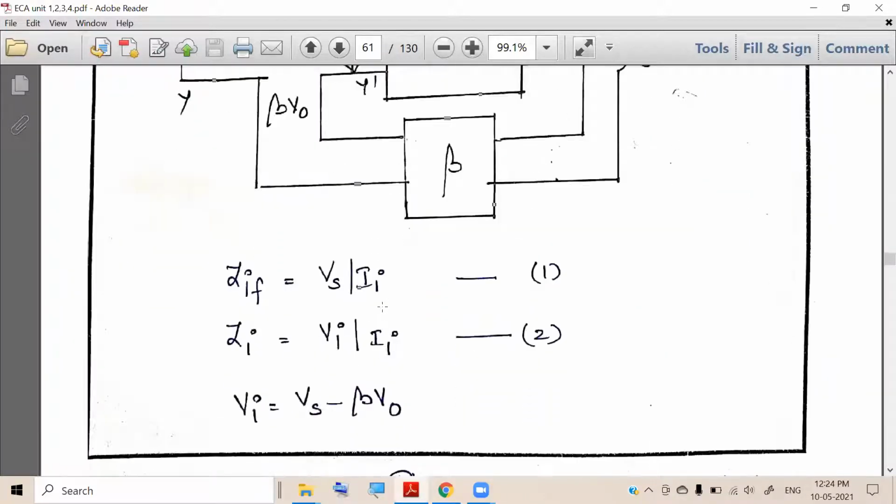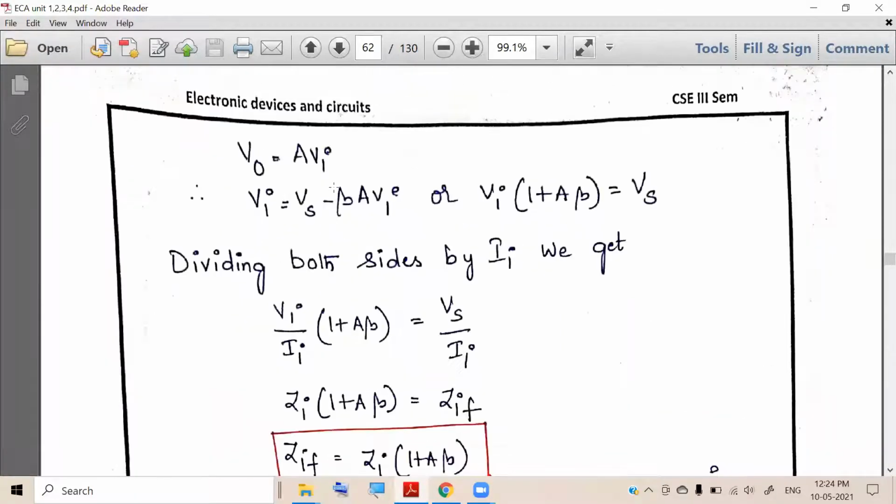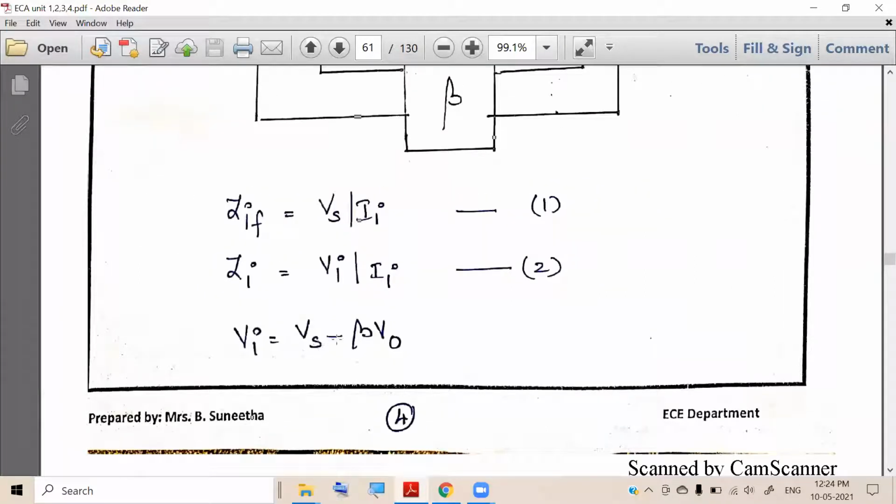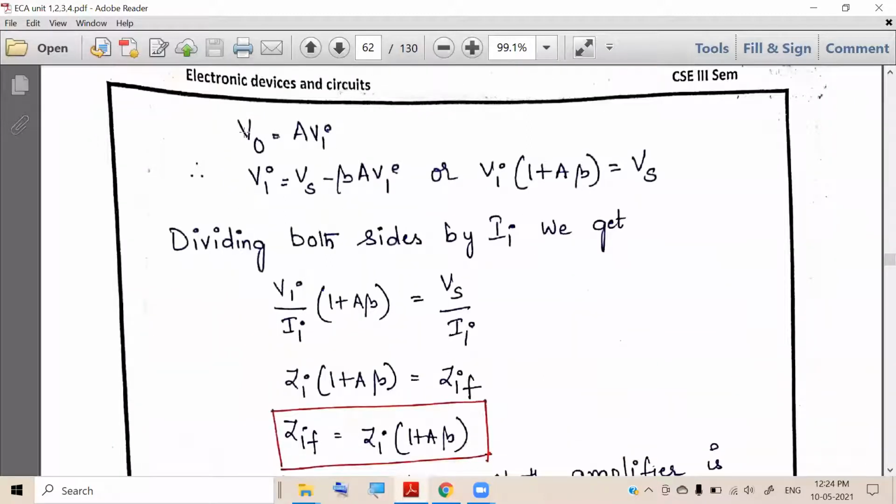So in place of V naught, we write A Vi, and Vi is equal to Vs minus beta A Vi. Next, we send this negative term to the left side, taking Vi common, and we get this relation.